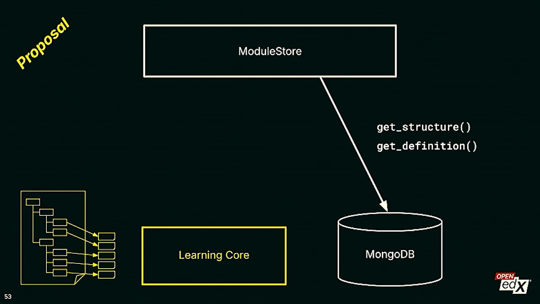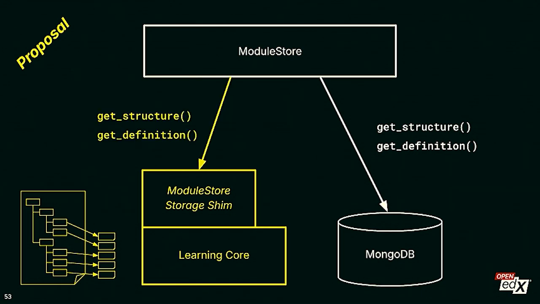Now, Learning Core's source of truth is still going to be all the models that Kyle was talking about. But when you hit publish, it generates the structure documents and it has a shim layer. And so later on, ModuleStore is going to call this shim layer. It's going to get structure and get definition from the ModuleStore storage shim that lives on top of Learning Core.